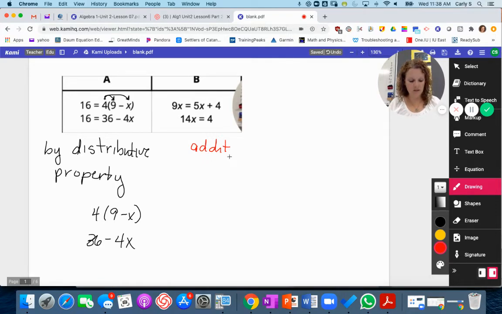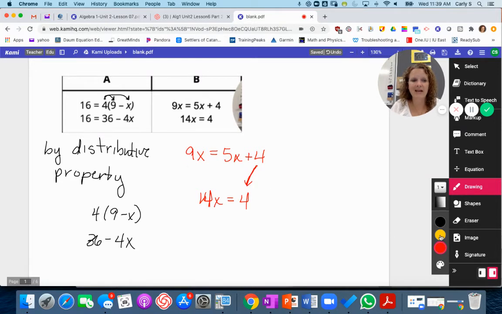So if those expressions are equal, if 9x equals 5x plus 4 is the same as 14x equals 4, how did we get that? The right side of the equation, the 4's remain, but the left side has 14.